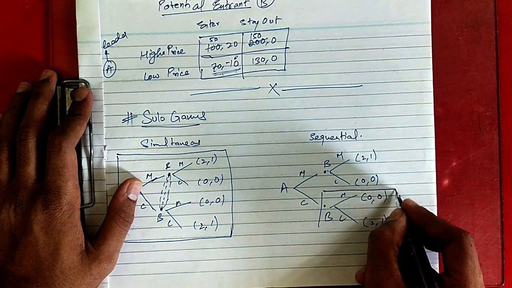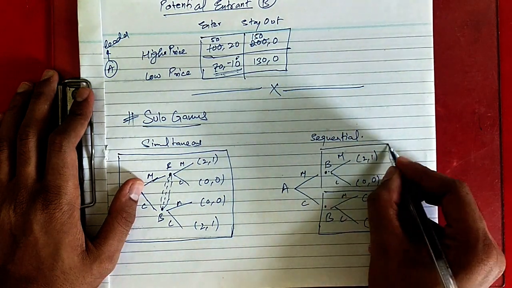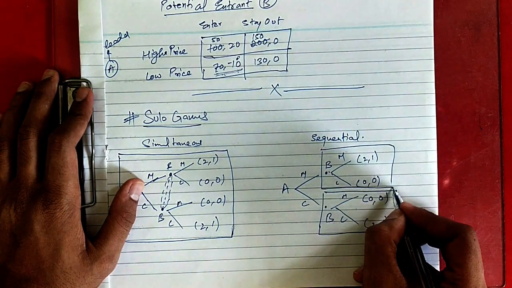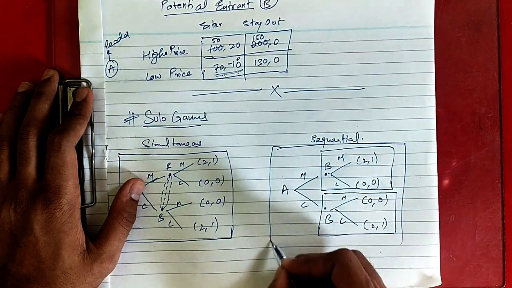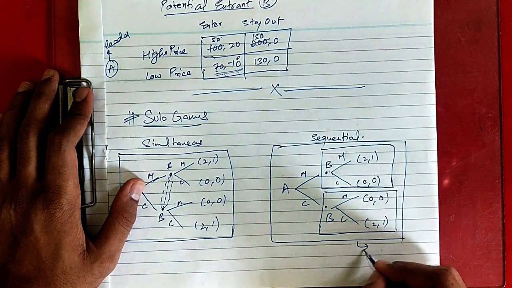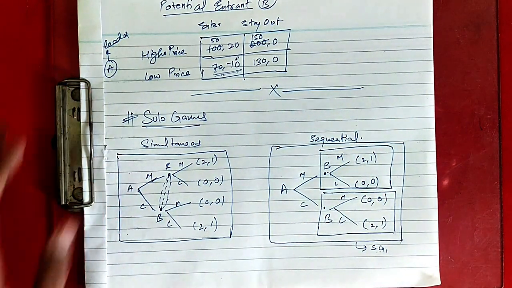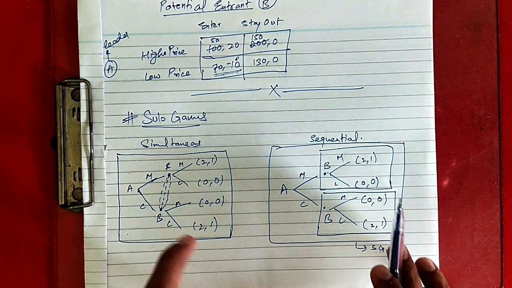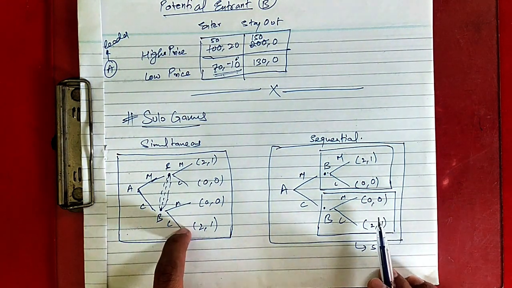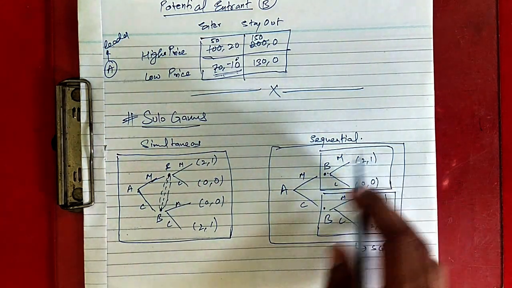The first game is this, the second game is this, and the third game is this. So this will be considered as subgame 1, and the other two will be considered as subgame 2 or subgame 3. Okay, so this is the basic idea of subgames. These are the subgames.